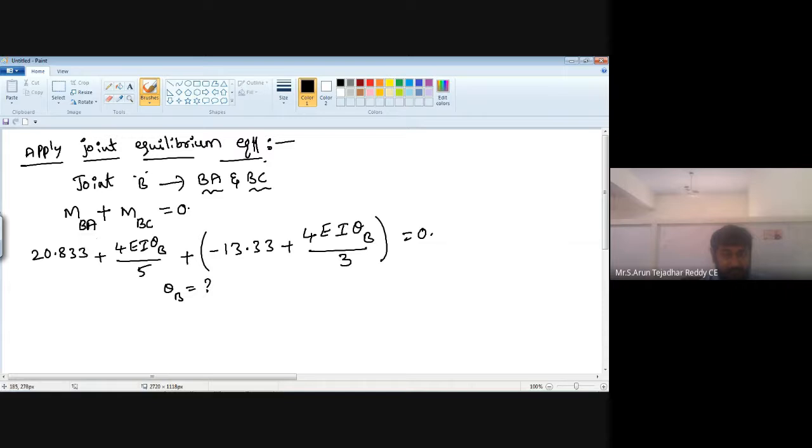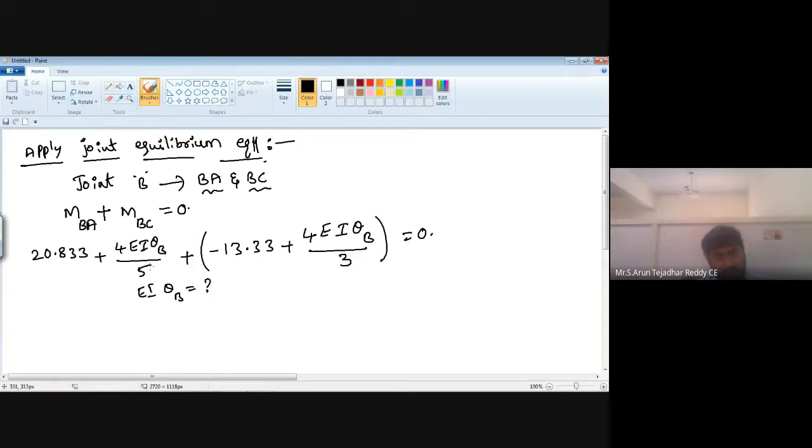In this equation, except theta B, we don't have any other unknowns like theta A or theta C. So all of you open your calculators and enter these values.